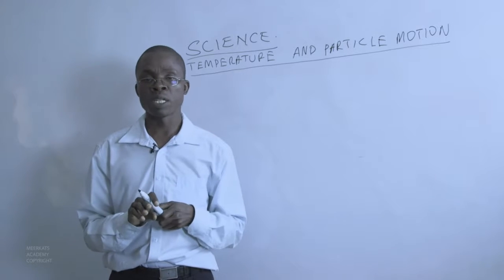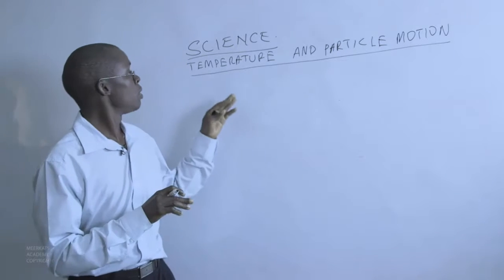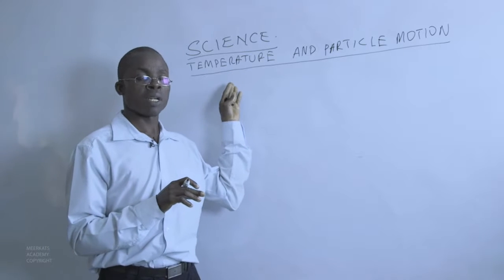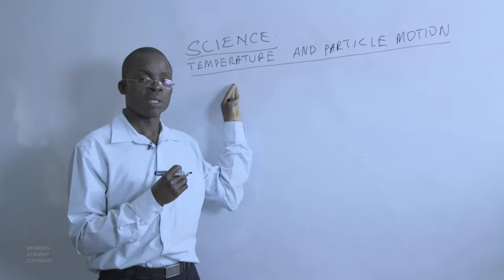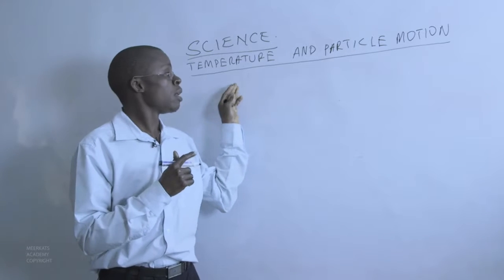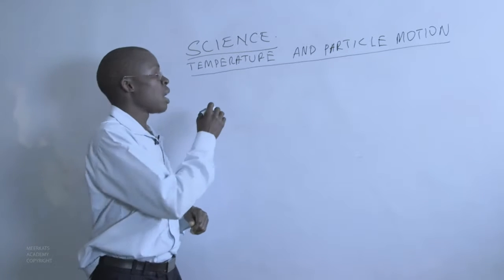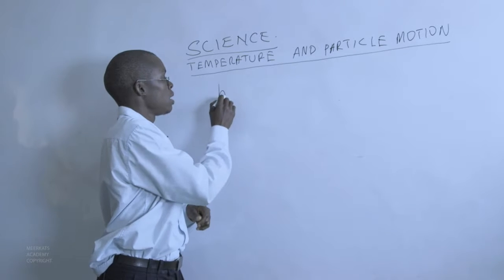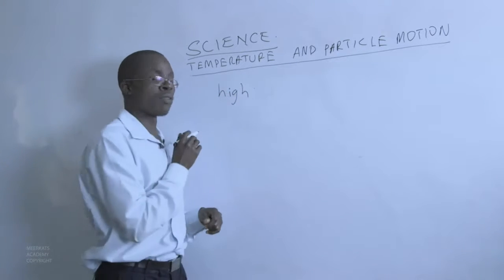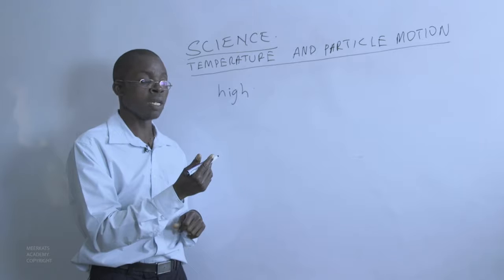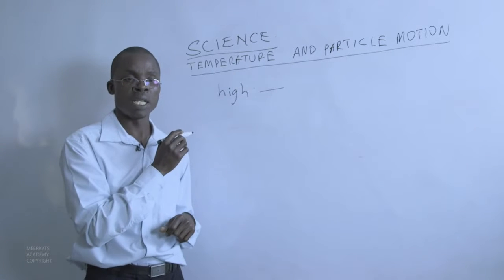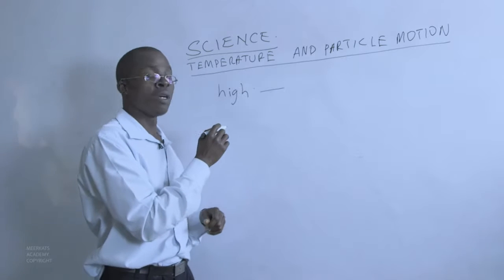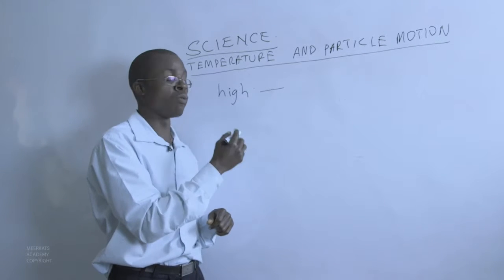We also need to understand that due to the variation in temperatures in the various particles, particles that are at a higher temperature will always have more kinetic energy, and as a result, we shall have high movement.